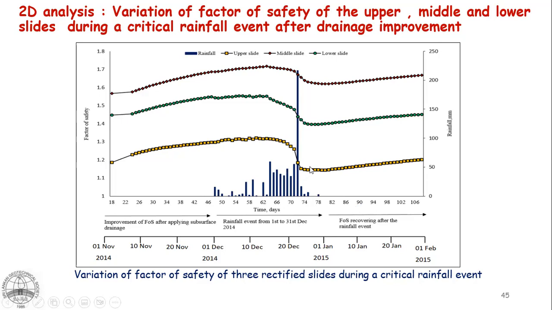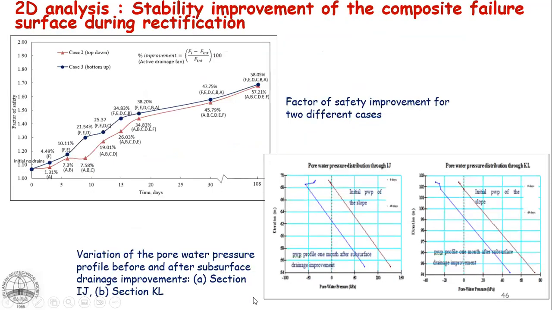And with the cessation of the rain, the factor of safety will be regained. So that is for the upper slide, and this is the lower slide. There, the factor of safety reduction is much lower, and the middle slide behavior is there, right? So once we install a rectification measure, we can see how the slope would respond to a critical rainfall that could occur thereafter.